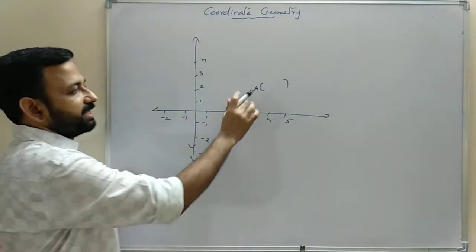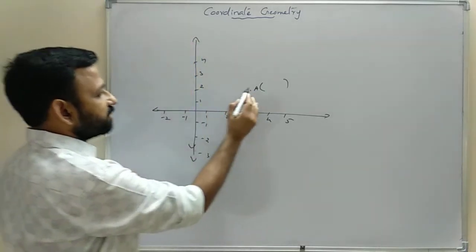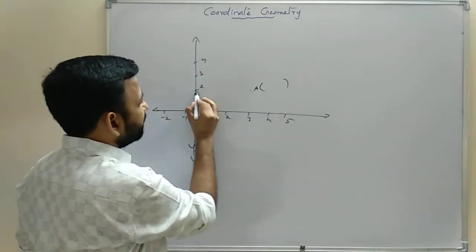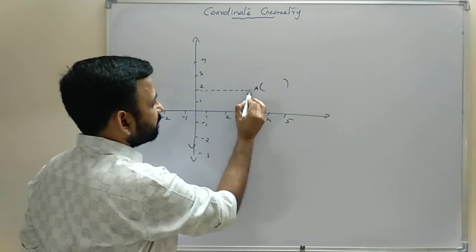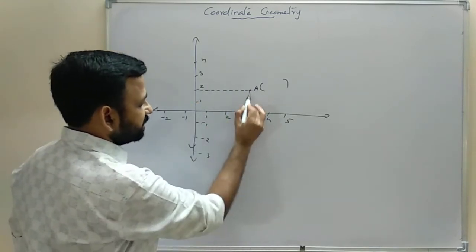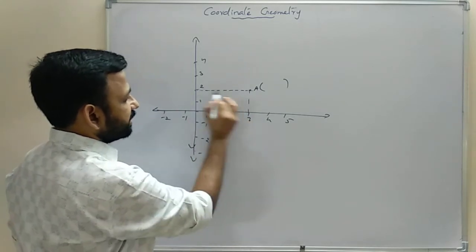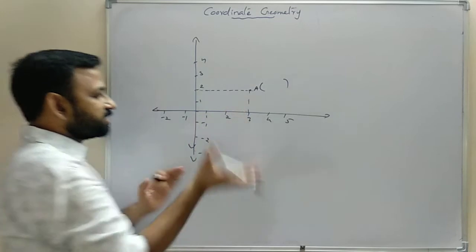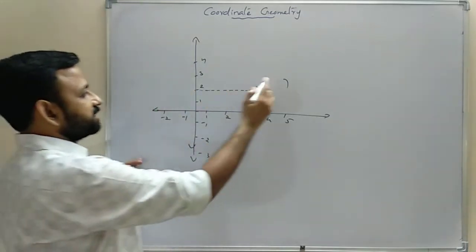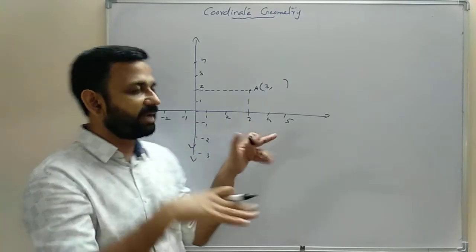The x coordinate is the perpendicular distance of that point from the y-axis. Here it is 3 units, the distance between that point and the y-axis.